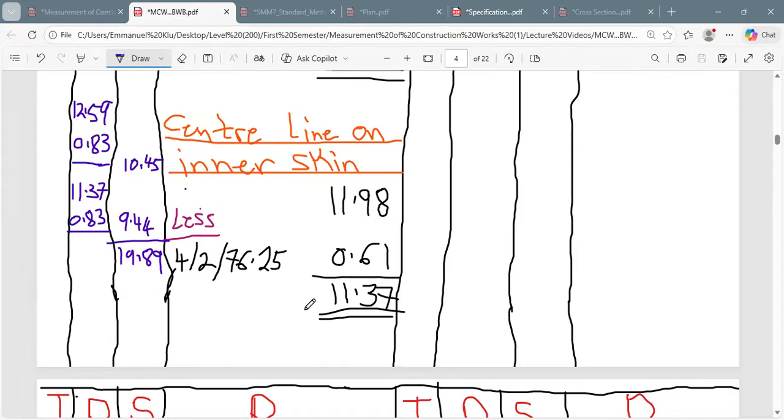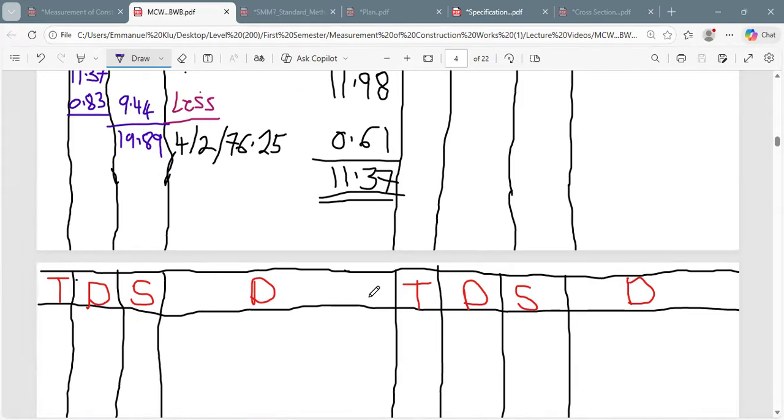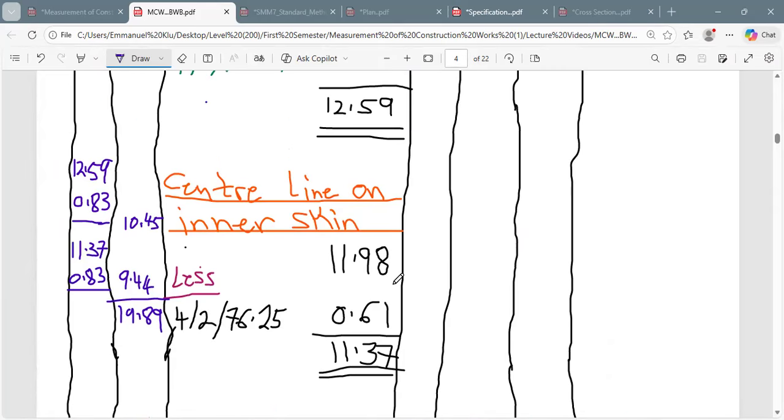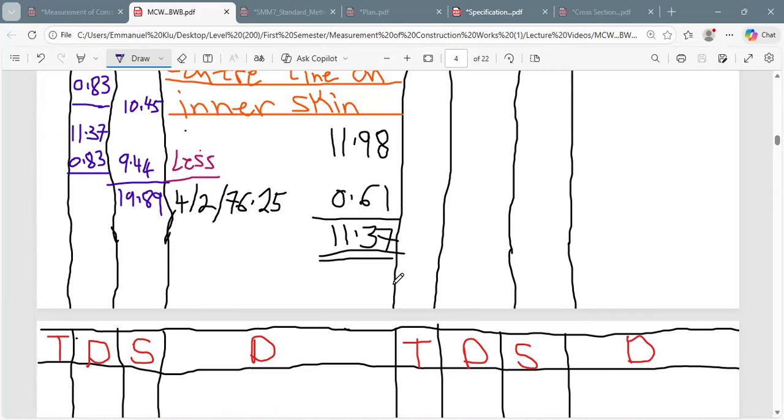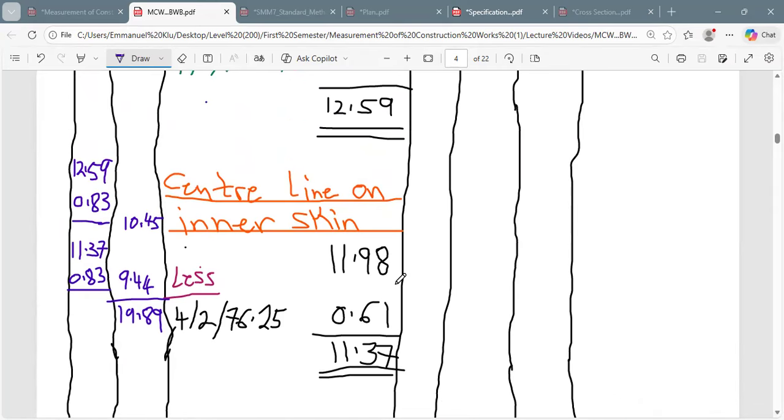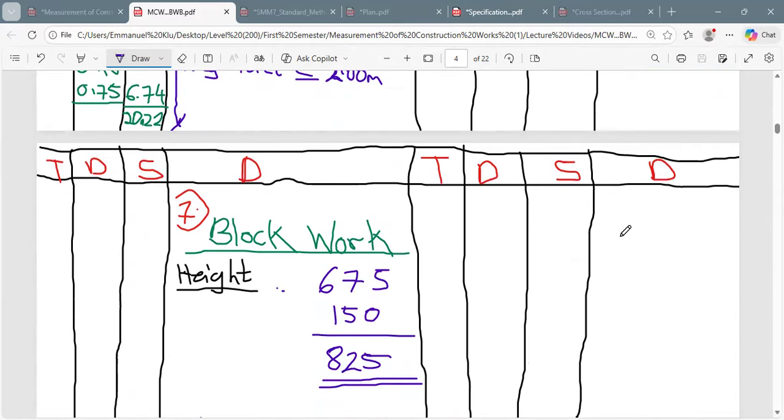All right. So let's just quickly describe, and then let's go. Okay, let's go. With the description, it's as simple as that. So we say that block wall thickness, because it's already in the specification.